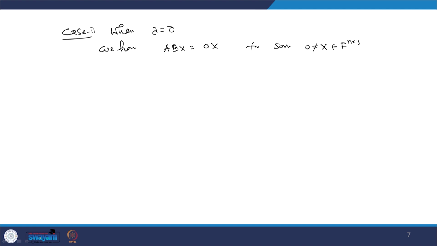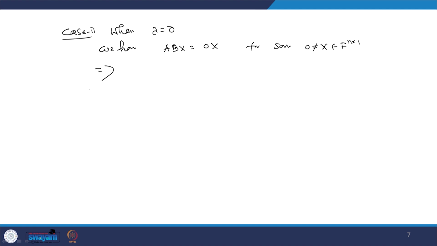Now, case 2, when lambda equal to 0. We have ABX equal to 0 into X for some nonzero X belonging to F n cross 1.